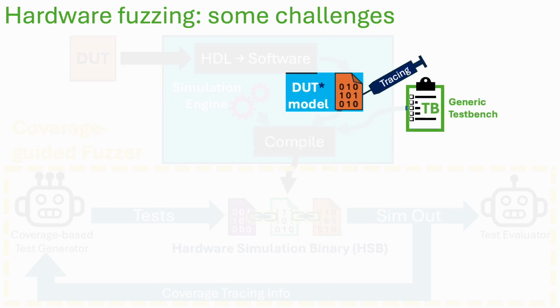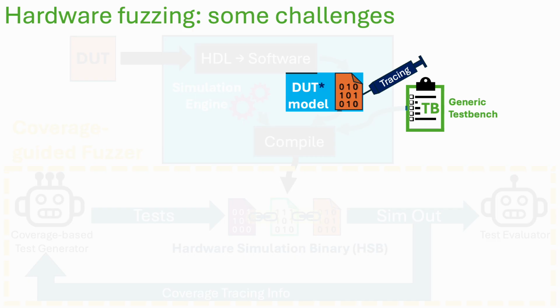Another key challenge is how we are actually going to make this generic test bench and have it interface with the software model of any design under test. And to do this, they did something very clever where they developed a very design-agnostic testing solution that works at the standard bus interface.